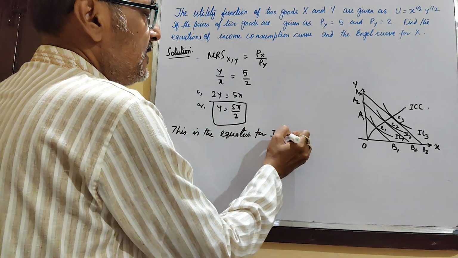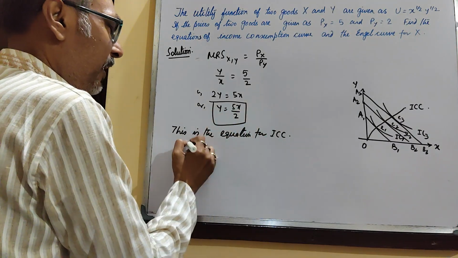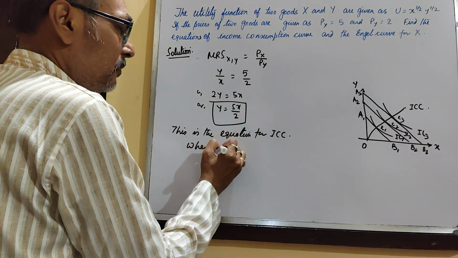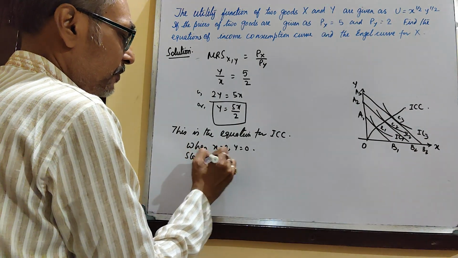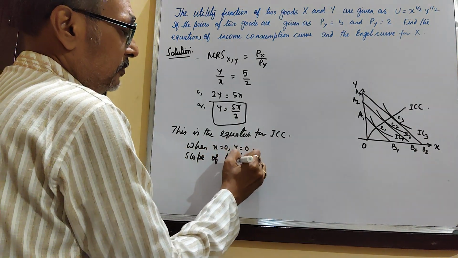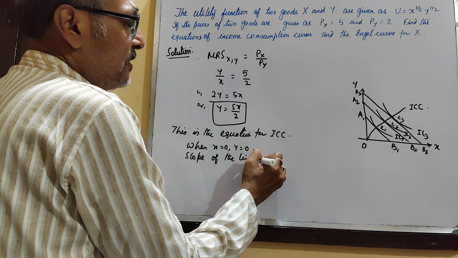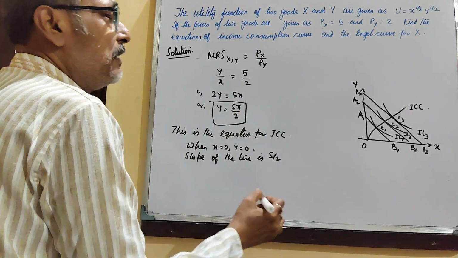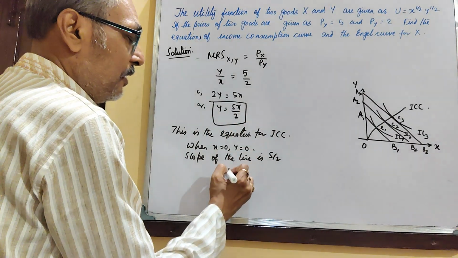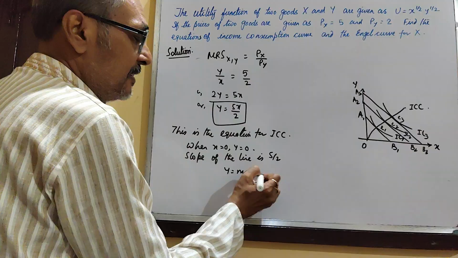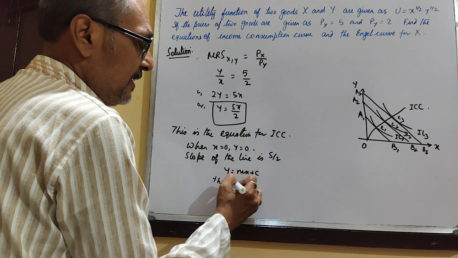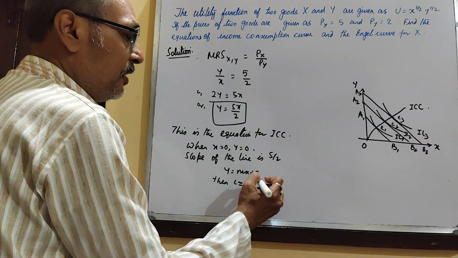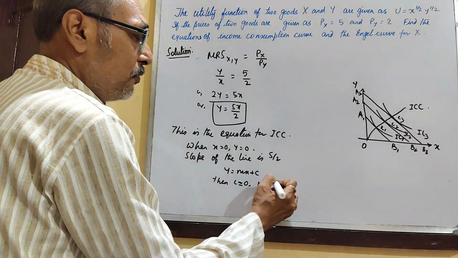This is the equation for ICC, and when x equals 0, y equals 0, and the slope of the line is 5/2, because if we compare this with y equals mx plus c, then c equals 0, the constant term equals 0, and m equals 5/2.